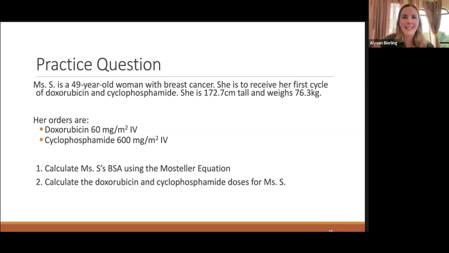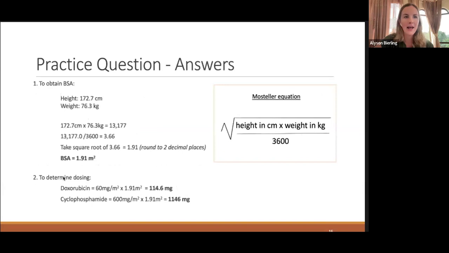All right, so hopefully you all have the answers to both of those questions now. We'll take up the answers on the next slide. The first step of our dose determination was to obtain the patient's body surface area. We should have taken the patient's height and multiplied it by the weight, which gives 13,177. Then we divide that number by 3,600, which gives 3.66.